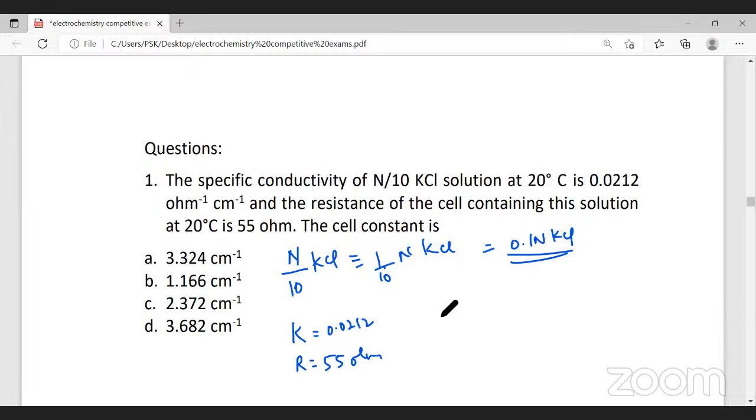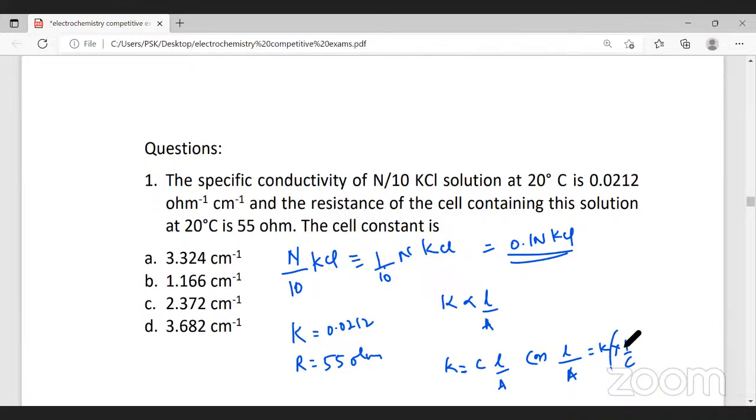Now you should remember, conductance is directly proportional to length and inversely proportional to area. Remove the proportionality sign, you get a constant. K is equal to C into L by A. Or we can write this as L by A is equal to K into 1 by C.